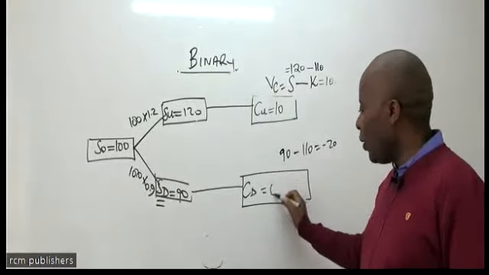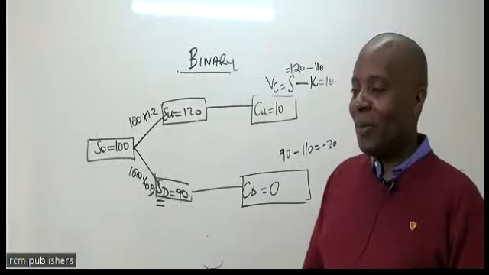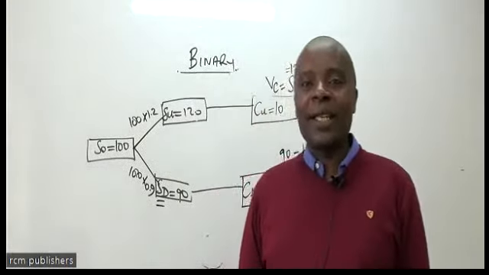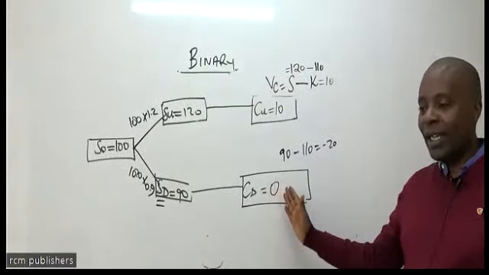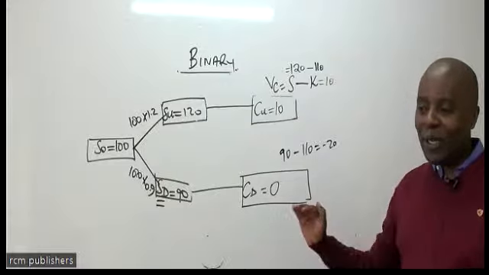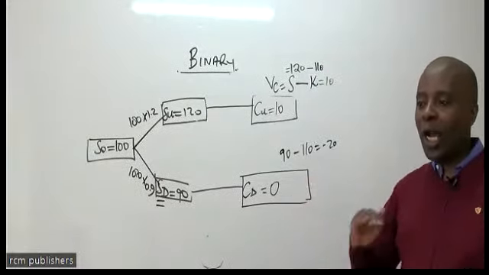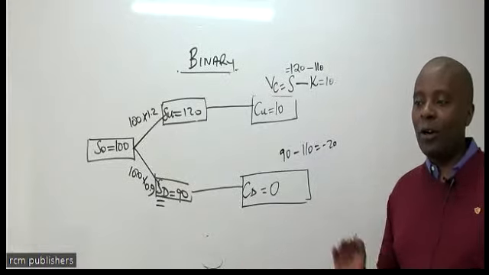So the value of the call here will be 0. If it's loss making, you always cap it at 0. You cut your losses at 0. Don't continue pursuing that objective.